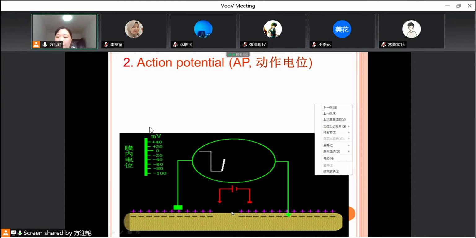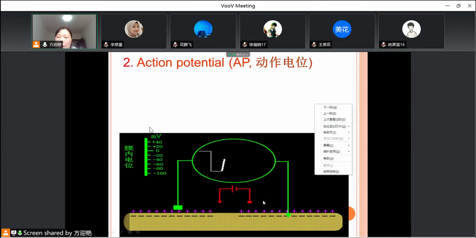The voltage, the electrical amplitude, changes, and a local potential is produced. Because of the stimulation, the channels, especially the sodium channels, are affected. The sodium concentration outside is higher than inside the cell membrane.